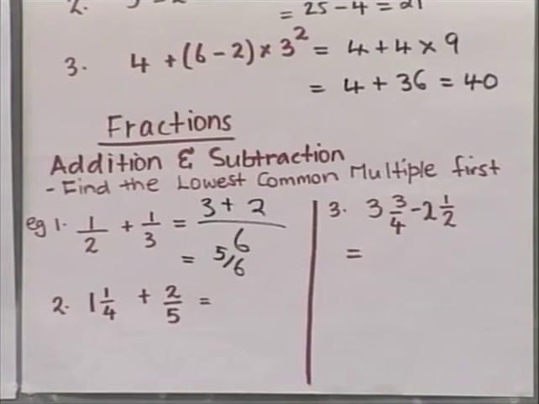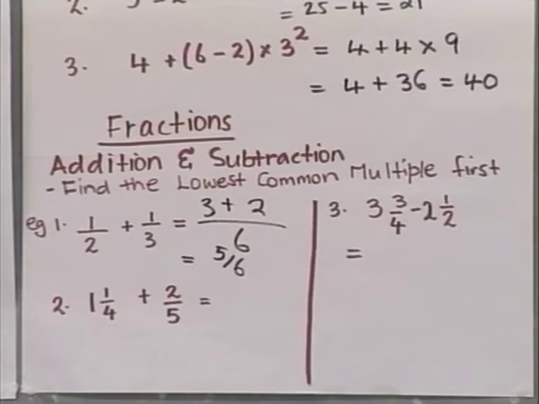Divided by 2 and multiplied by 1. Okay, divide. Multiply by the numerator. Okay, 6 divided by 2 is 3 times 1 is 3. 6 divided by 3 is 2 times 1 is 2. The answer, 5 on 6.